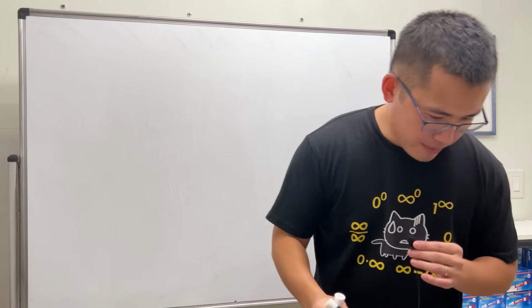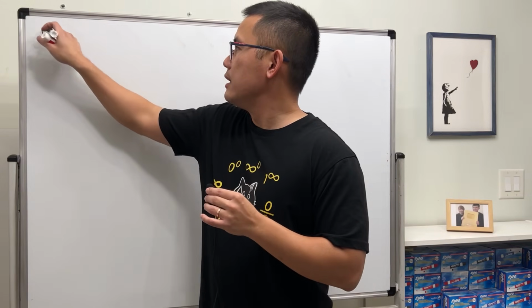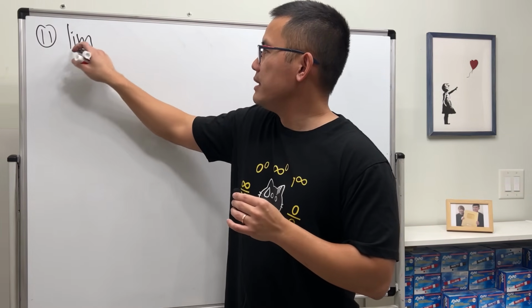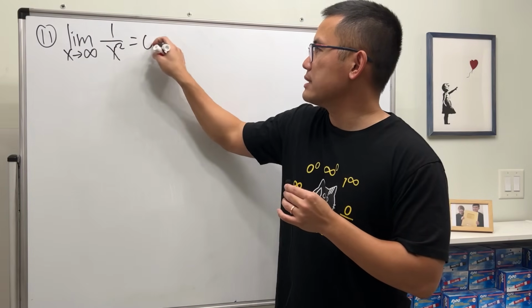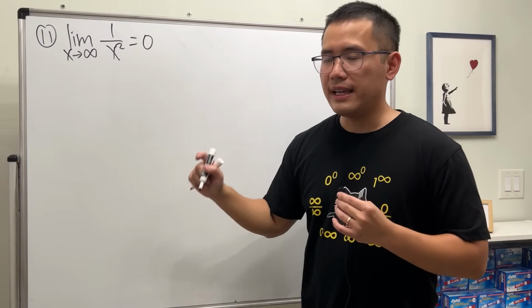All right, number 11. Let's prove the limit as x approaching infinity of 1/x squared is equal to 0. 0 is finite. It's okay.